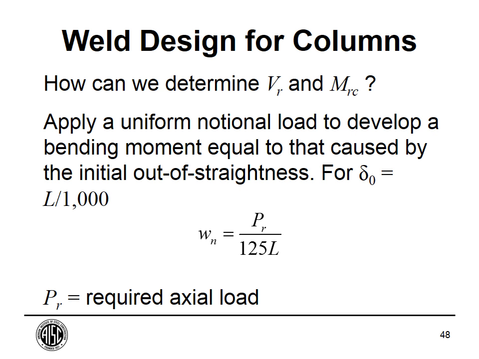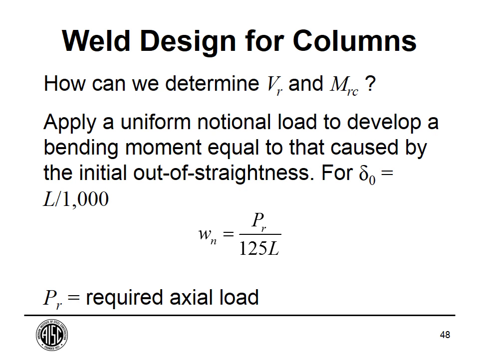We talked about adding this notional load, and all this notional load does is, even though there's not an applied load on the column causing a bending moment, this notional load that we apply to this column has the effect of making it into a beam so that we have a moment and a shear along the length of that column.